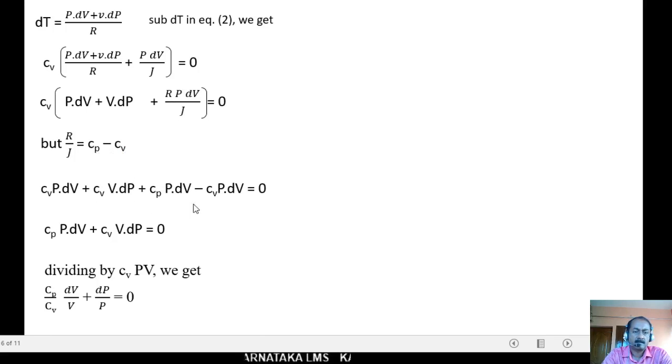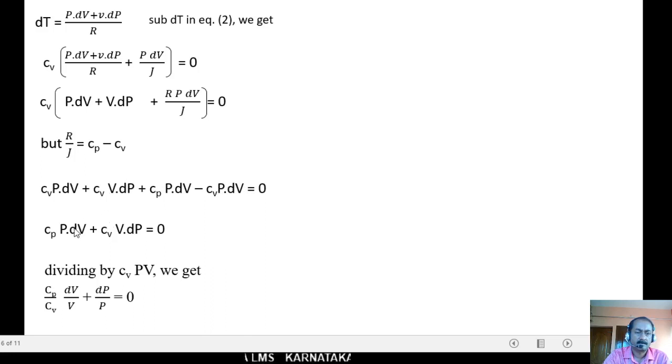Then the equation becomes Cv P dV plus Cv V dP plus Cp P dV minus Cv P dV equals 0. The plus term and minus term of Cv P dV cancel.